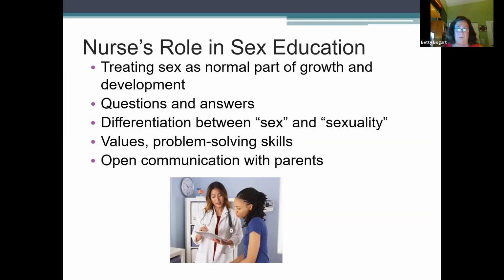But sex is normal, treat it normal, questions are normal, but ask the child what they know first before you start telling them anything, because they may really know absolutely nothing, and you don't want to say too much. And you're allowed to talk to children. If they have questions, let them know. And then of course, if they can speak to their parents, it'd be the best thing.